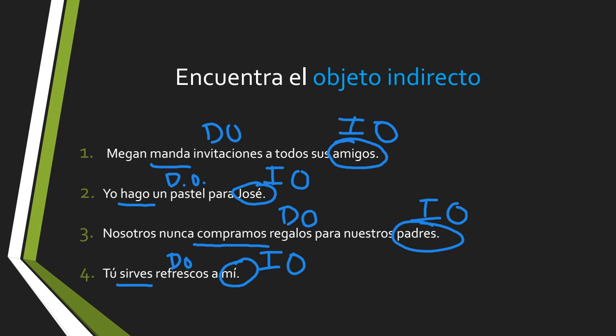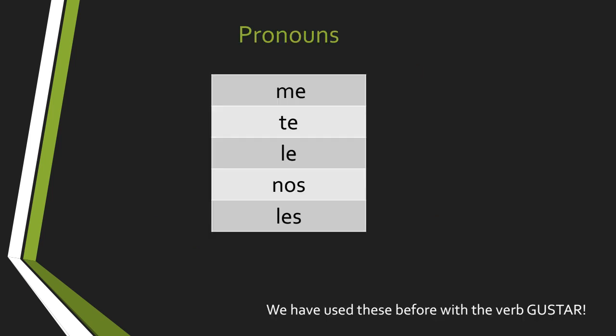So I want to show you then what our indirect object pronouns are in Spanish so you know how to replace your indirect objects with pronouns to be a little bit more specific and not be so redundant in your sentences. All right, so here are your indirect object pronouns. Notice that they are different, or at least, we have a different list that we want to memorize than our direct object pronouns, even though some of them overlap.